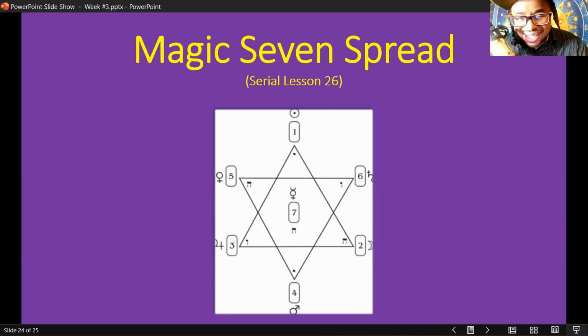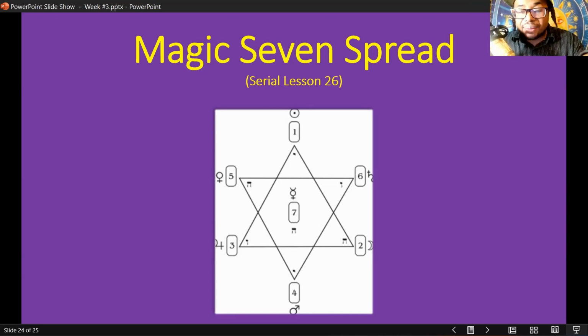The Magic 7 spread is one that I probably do the most, and the results for me, and that's just for me, it works. All of them work, but for me, my unconscious mind and my astral counterpart and all of that is used to this one, and so it works well.